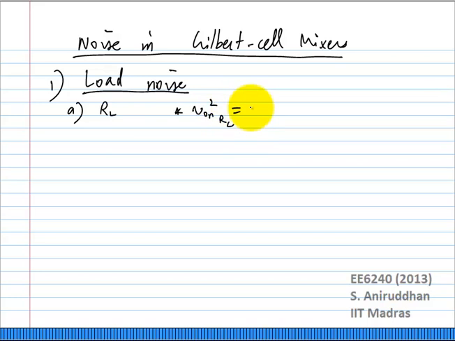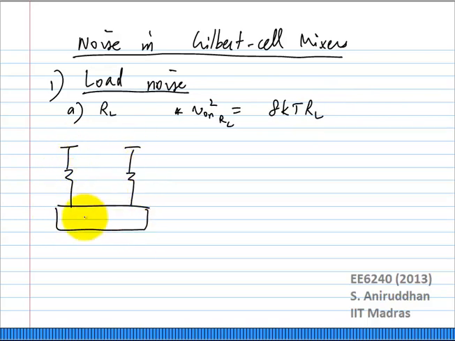The output noise voltage due to the resistor is nothing but 8 kT RL. Why is it 8 kT RL? Because you have two RLs. So my assumption is, this is my mixer core.